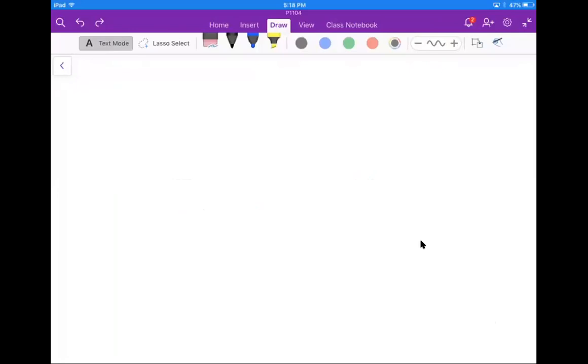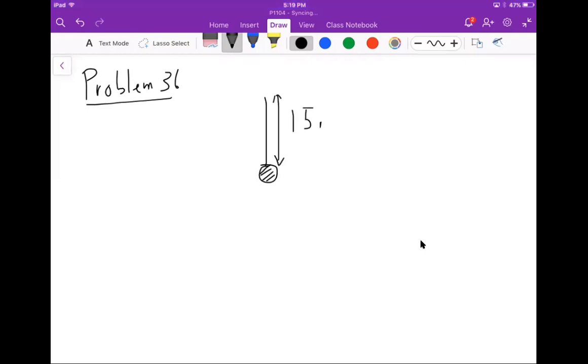So a ball swings in a vertical circle at the end of a rope 1.5 meters long. So let me start. This is problem 36. We have a ball, and this is the ball, okay? This ball is attached to a rope, and the length of the rope is 1.5 meters long.